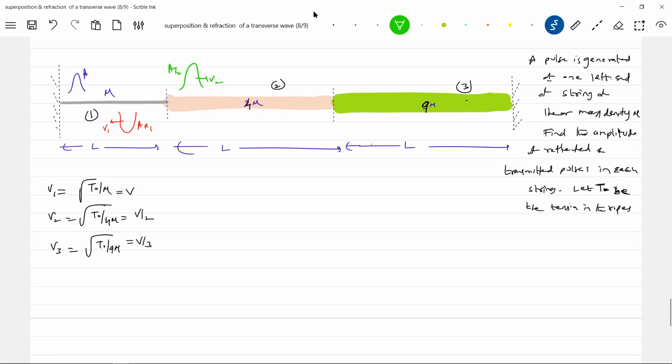This transmitted pulse now becomes the incident pulse for this boundary. A part of the wave will be transmitted and move with speed v3 in the next medium. Let this be AT3, and a part of the wave will be reflected.